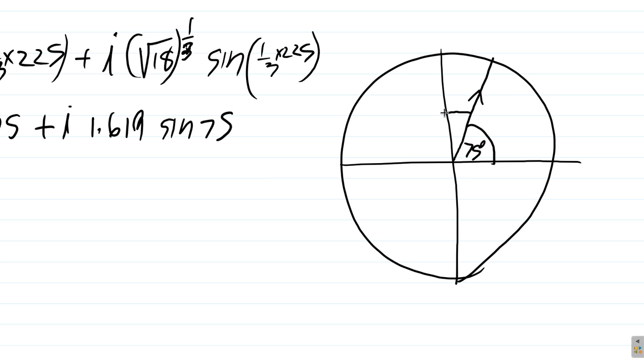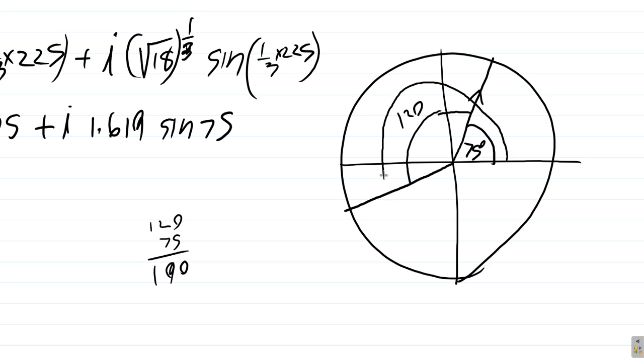So the next one will come 75 plus 120 is what? 195. So the next angle, the next complex number would be here, and the angle separating it would be 120. So from here all the way around would be 195. So this will be 195 degrees, right?